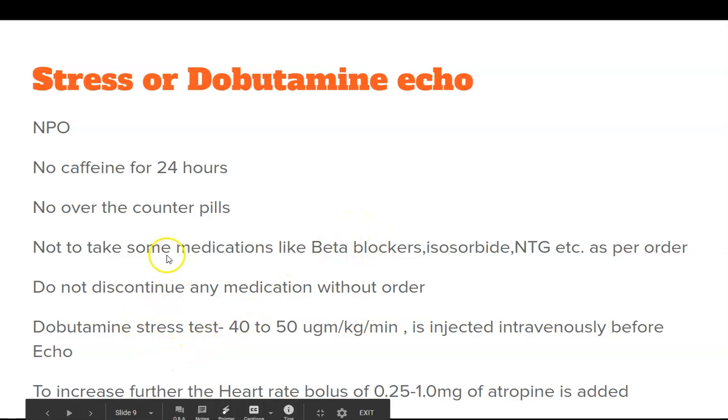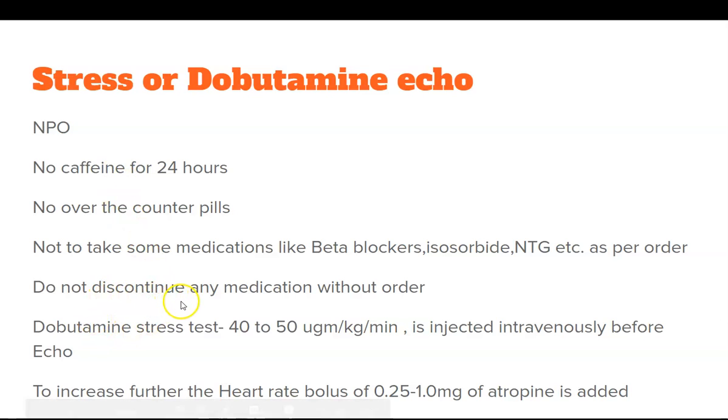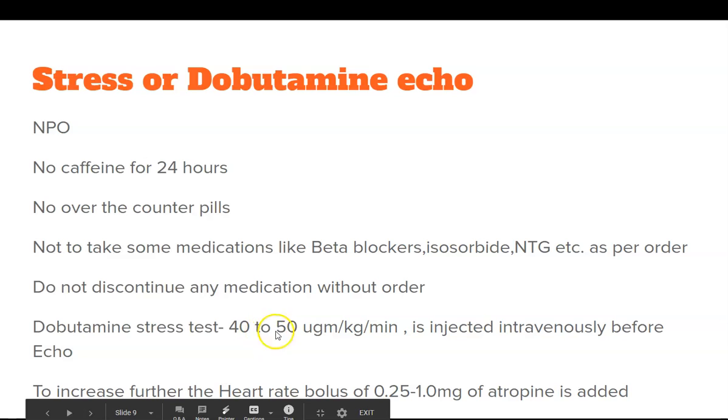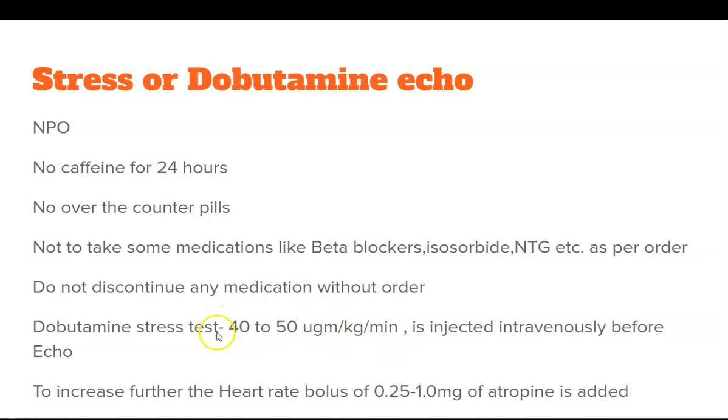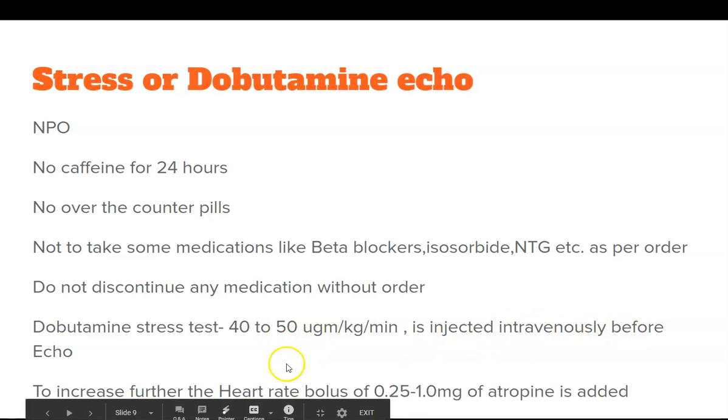And what you do, your patient has to be prepared with an IV cannula. ECG has to be monitored, same as TEE, that is transesophageal. You will be connecting them and monitoring them for ECG, heart rate, blood pressure, and SpO2. The dobutamine stress test is given at 40 to 50 microgram per kg per minute. You will calculate how much dobutamine per kg, and you will inject it intravenously.